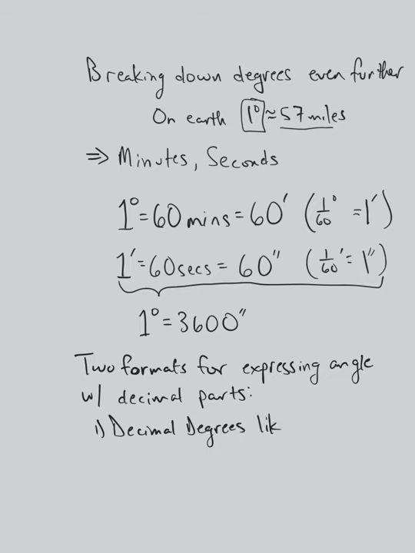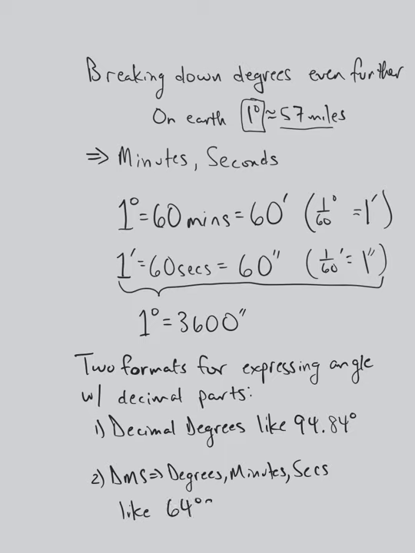So that could be just writing an angle that has a decimal part, like 94.84 degrees, like that. But then some people use what's called DMS, which is an abbreviation for degrees, minutes, and seconds. Like that. So an angle would look like, let's say, 64 degrees, 8 minutes, and 12 seconds.